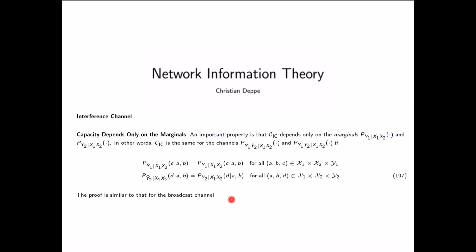That's the idea of the proof. And I think you should just go back to the slide where we do it for the broadcast channel. Look at this, and you will immediately understand how the proof works.